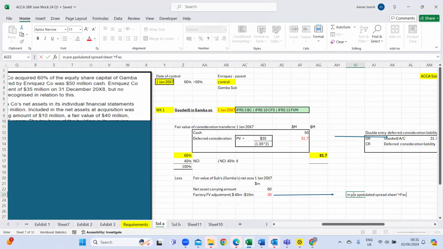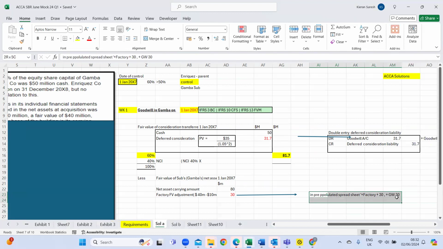If it is a factory, it should be under PPE. Increase it by 30, and remember this transaction was done at the date of the acquisition, so the corresponding entry has to be goodwill. So you would increase that, and also adjust the goodwill by 30. That is the adjustment that you are going to do for the pre-populated spreadsheet.